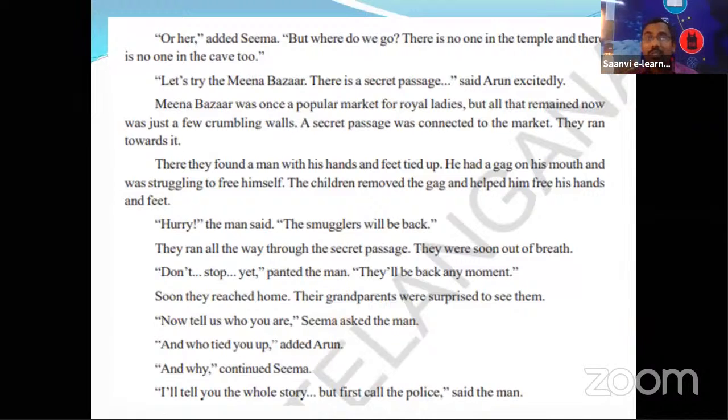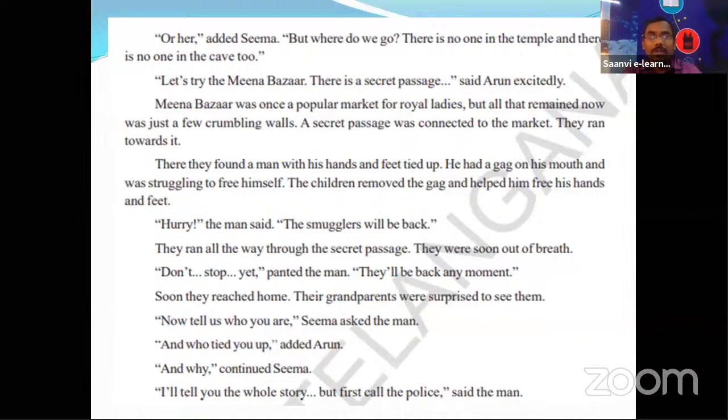Even if you go to Meena Bazaar, you could see only some spoiled walls there. A secret passage was connected to the market. They ran towards it.